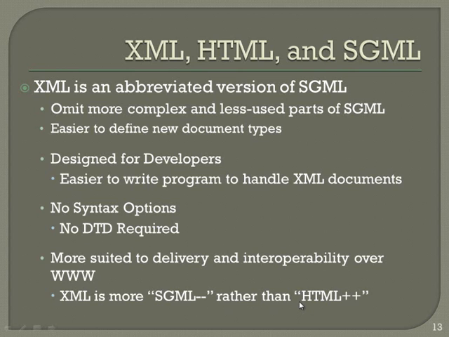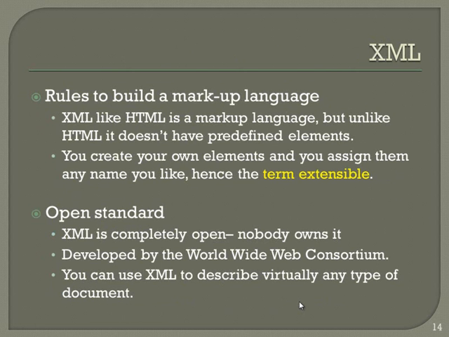It is not. Both of them have a very different scenario. HTML is meant for displaying. XML is meant for describing. Remember that thing. XML describes the data. HTML is meant for displaying it. So both of them definitely are derived from an earlier language, but XML has too many things dropped out of it. So let's look at a few rules.